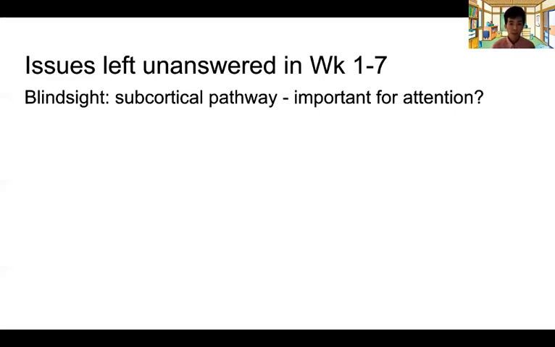And the subcortical pathway, especially the superior colliculus and pulvinar, has been indicated as a very important substructure for attention. So that raises a very interesting question, because blindsight patients who lost conscious phenomenology still seem to have not only residual behaviors, but a potentially almost intact mechanism for attention.